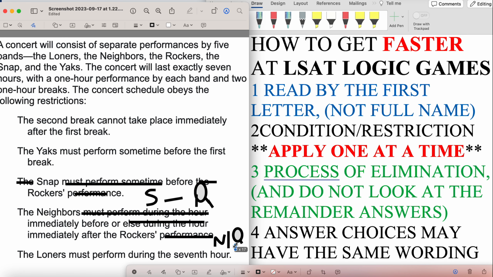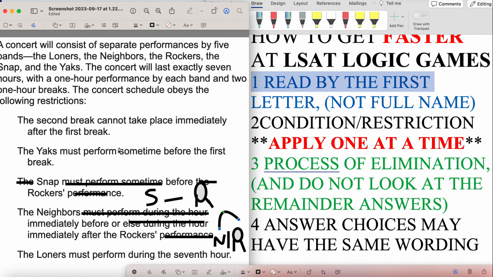Yep, it did that again to me. And then put the symbol here that it can go back and forth. So now you have N before R, and also you see the symbol that it can go R before N. So that's one way you can get quicker, by reading it off the first letter and not the full name.